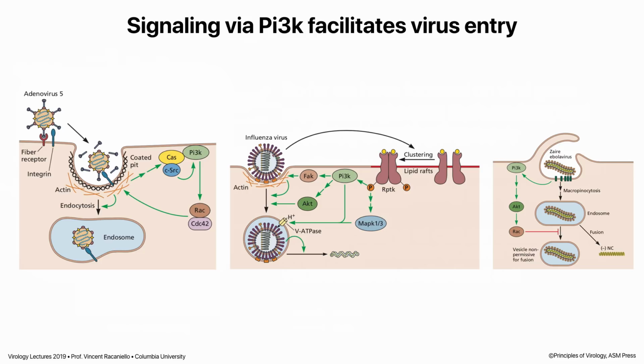Well, it turns out that when the virus binds on the cell surface, it initiates a signaling pathway through PI3 kinase, AKT, and RAC, and RAC blocks non-permissive vesicles taking up the virus. In other words, at this point, the virus can either go through a permissive pathway for fusion or a non-permissive pathway for fusion. And this signaling blocks the non-permissive pathway. It keeps the virus going to the right kinds of endosomes where the fusion will occur after binding of the virus to the fusion receptor.